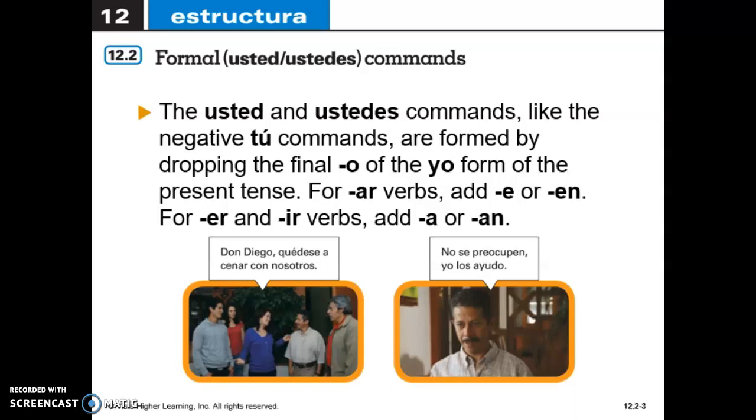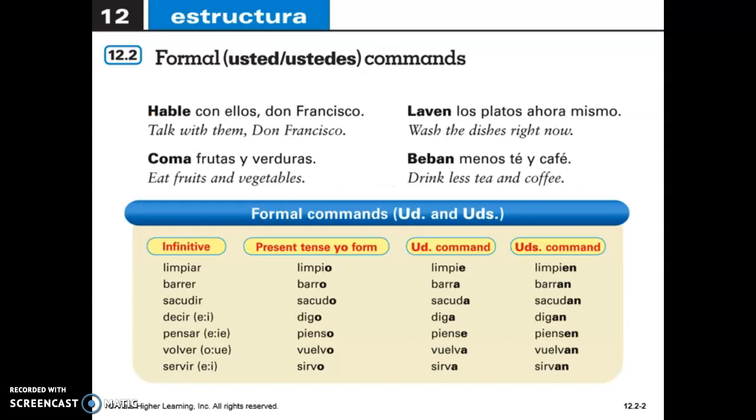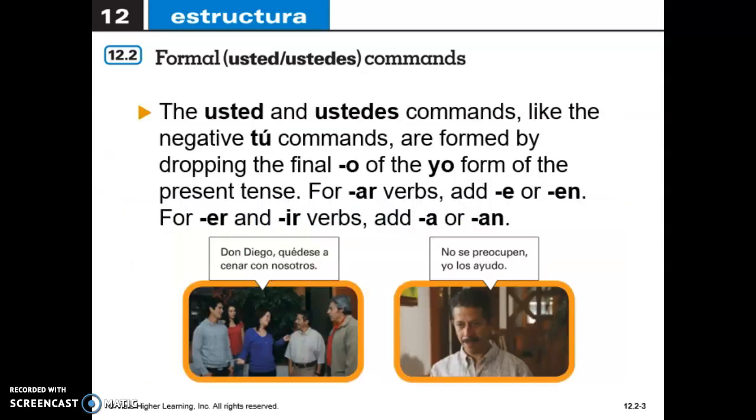Okay, so here we are. Here we have some of the endings, but I know these might be a little bit more complicated than just looking at the chart, okay? But basically, this slide is telling us that for AR verbs, we're going to add E or EN, and for verbs ending in ER or IR, they are going to change to A or AN, okay?